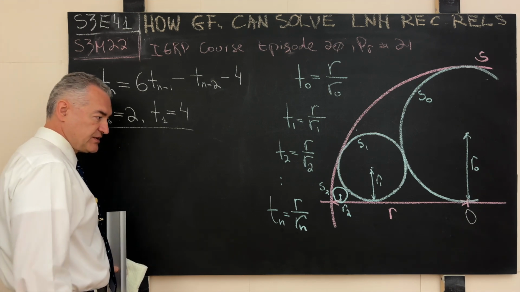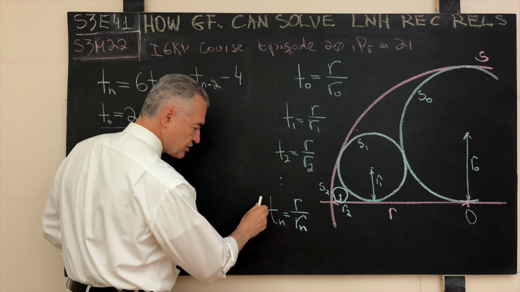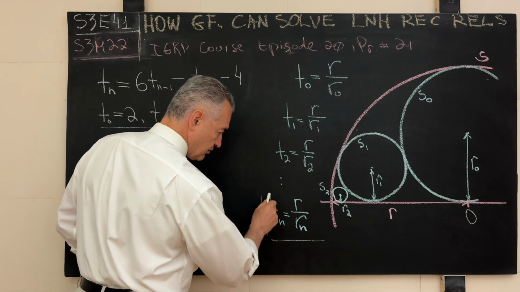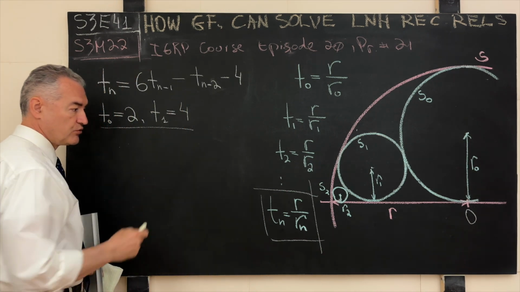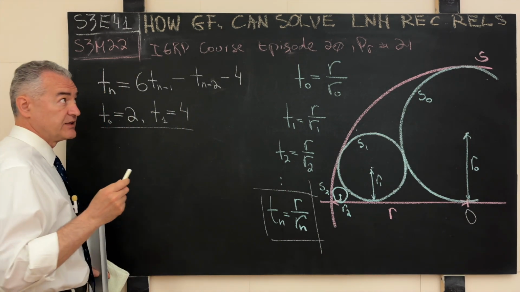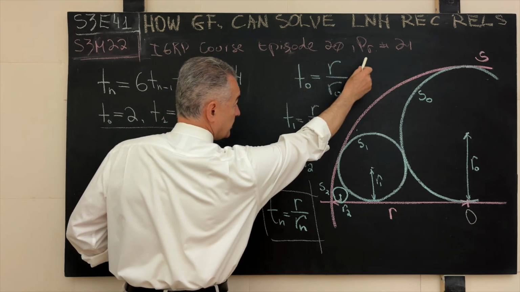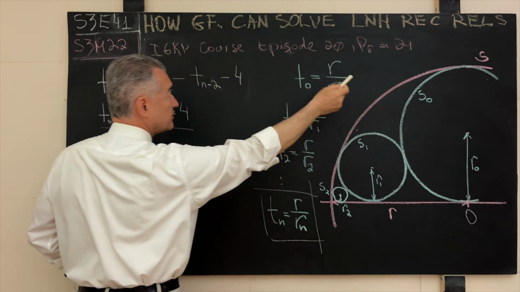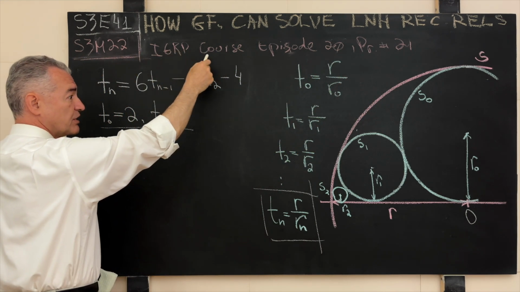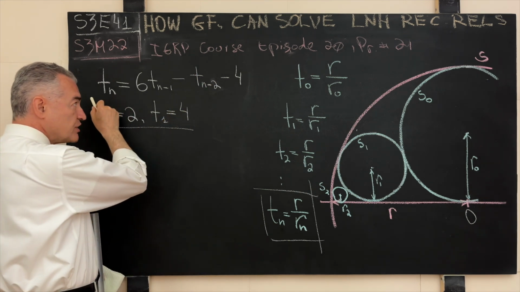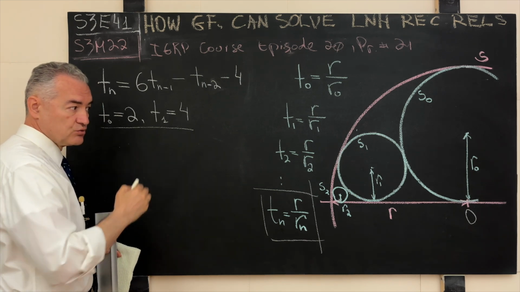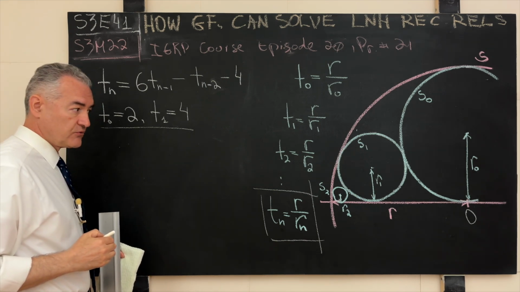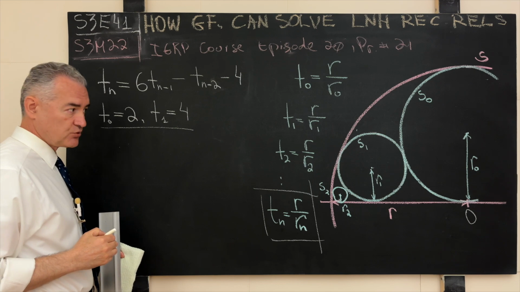And now that we understand a geometric interpretation of the numbers Tn, we can take on the task of solving the recurrence relation that you see over here analytically. But do remember that in episode 20, while we solved problem 21 in the inversive geometry in the real plane course, we solved this recurrence relation by using nothing more than the good old geometric transformation of inversion of the real plane with respect to a circle.